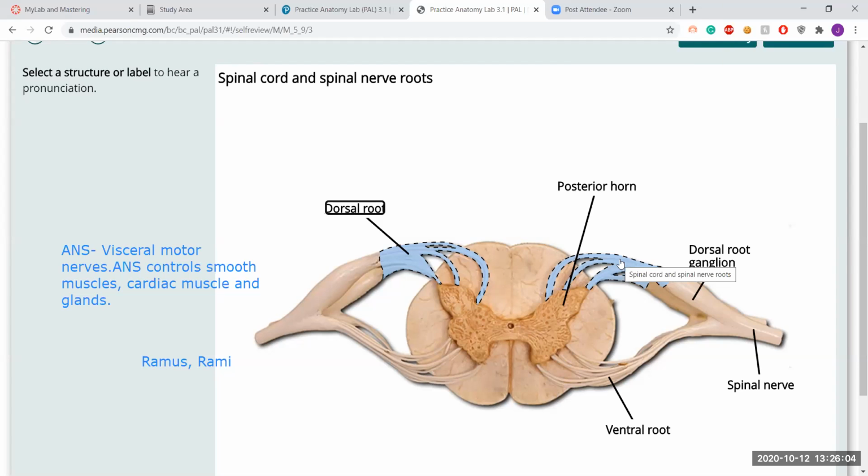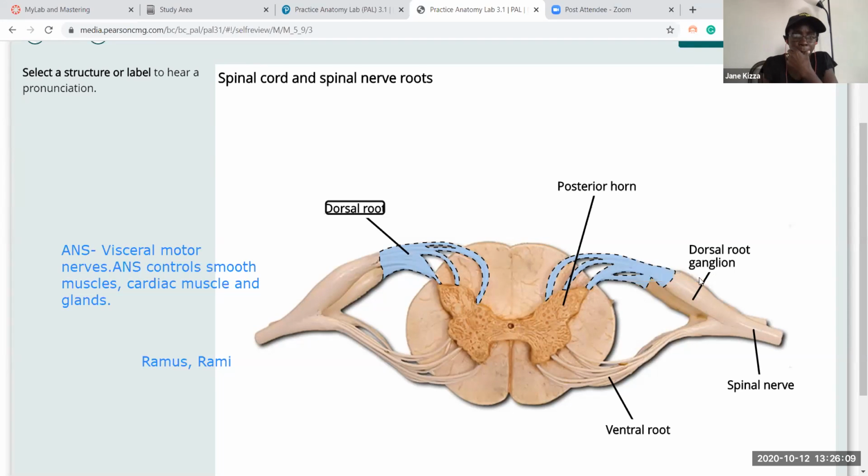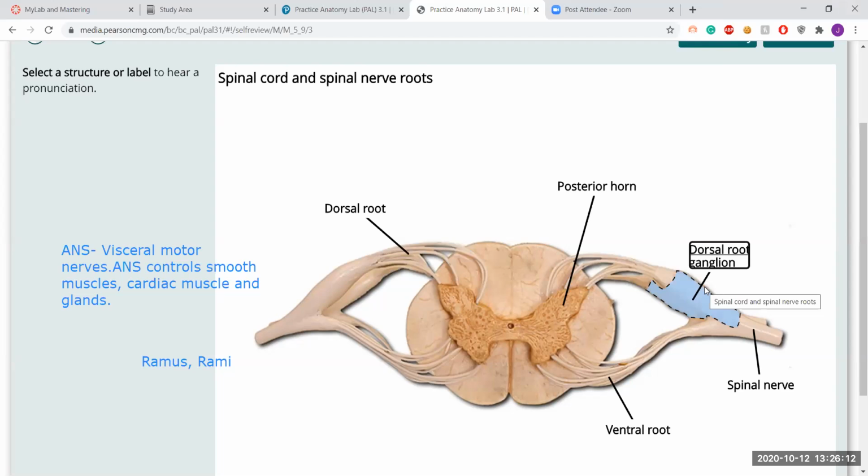That is sensory. Good. Dorsal root ganglia, sensory or motor? Sensory. Good. Spinal nerve, sensory or motor? Or both? Both. They are mixed.